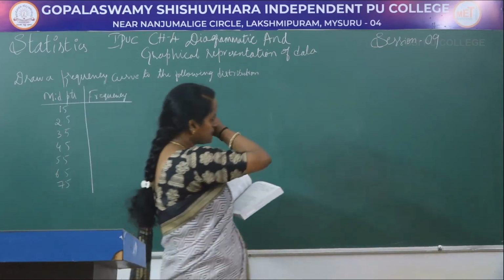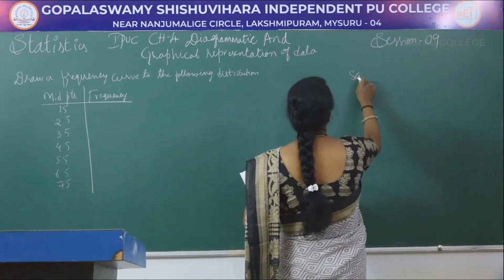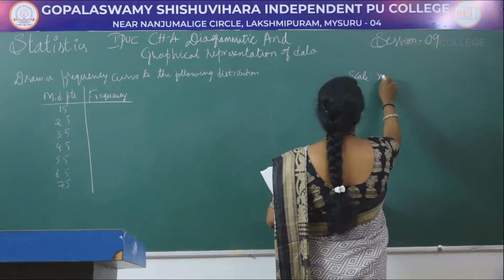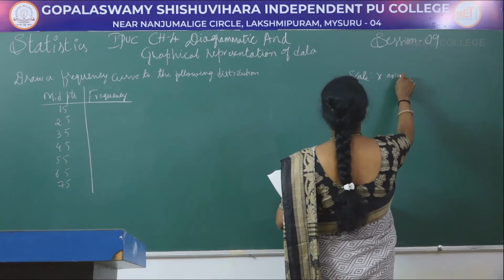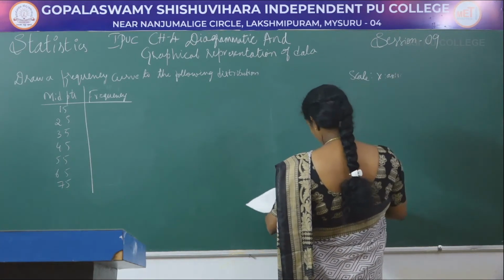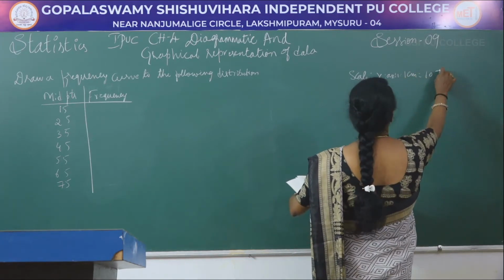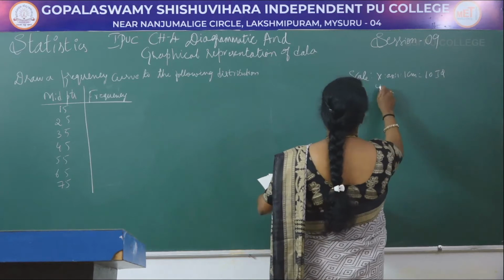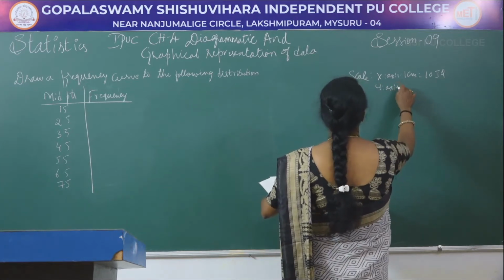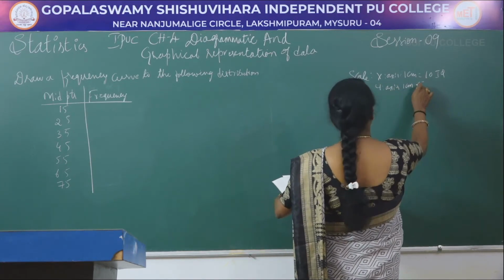Scale: x-axis 1 centimeter is equal to 10 IQ. Y-axis 1 centimeter is equal to 5 children.